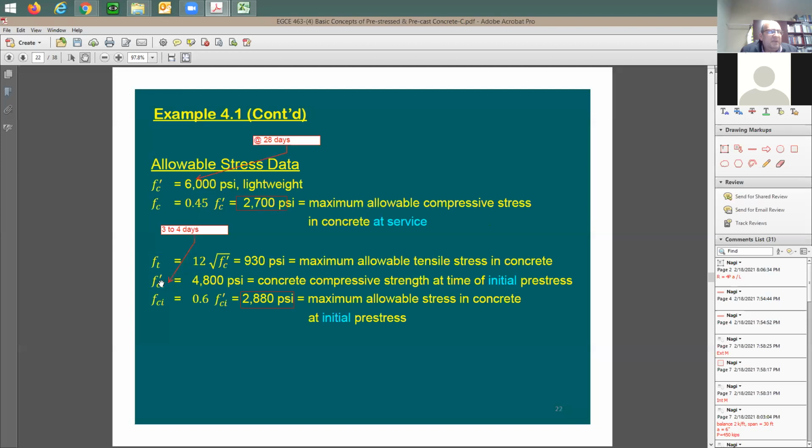It says FCI. What's FCI? This is at the time of pre-stressing. When it says I versus nothing, like F prime C, it's going to be the difference. This one is going to be at the PI, this one is going to be at the PE, at the effective. So FCI prime is going to be the concrete strength at the time of the initial pre-stress.